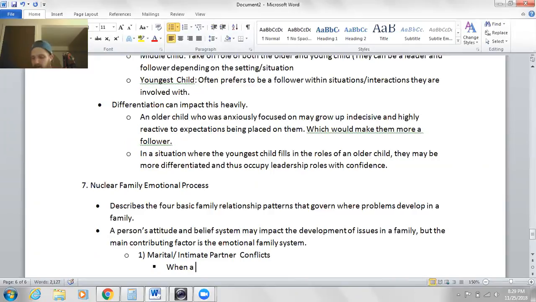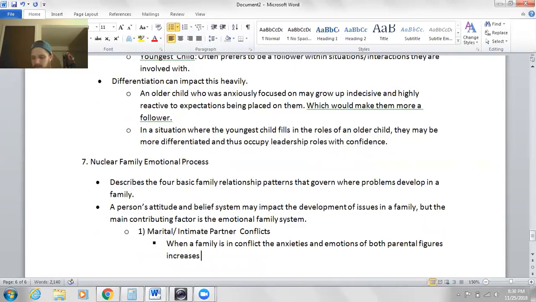So when a family is in conflict, and the anxieties and emotions of both parental figures increase, and they project them onto other family members.